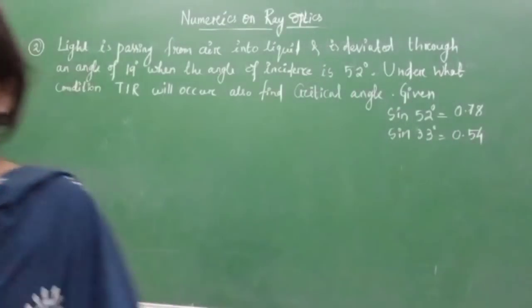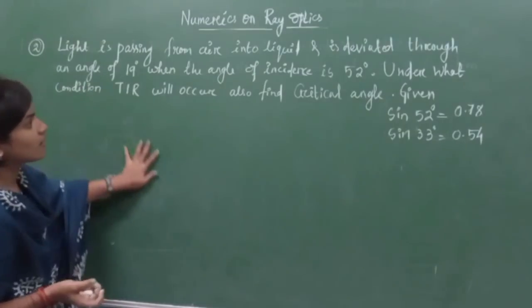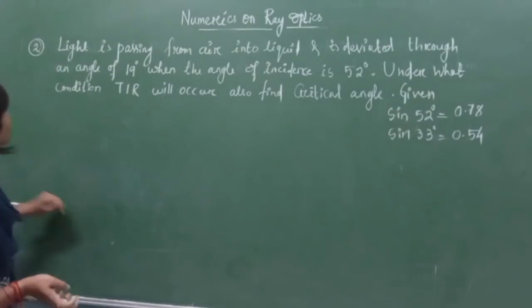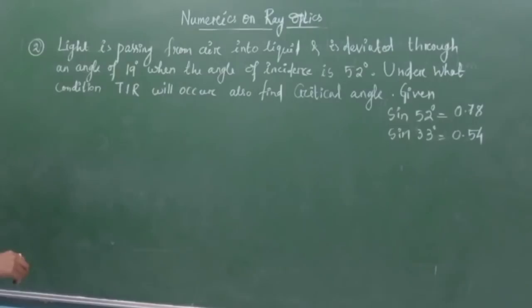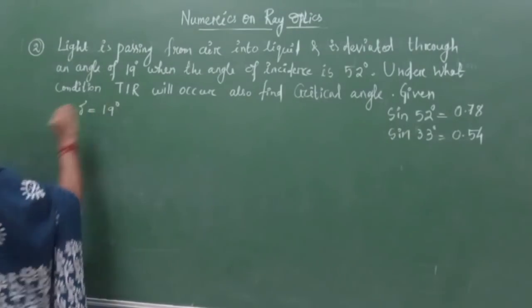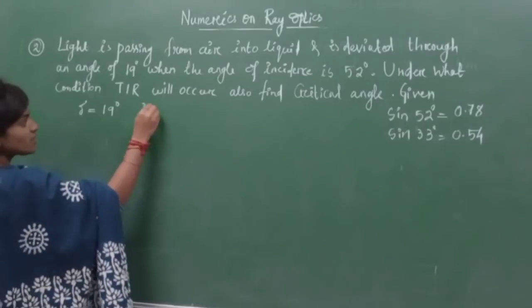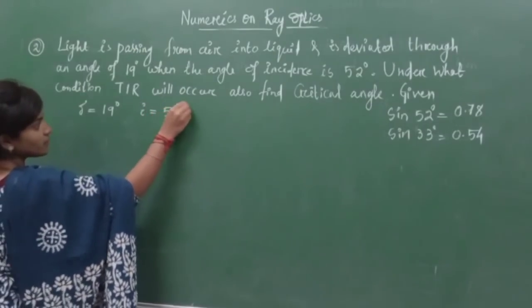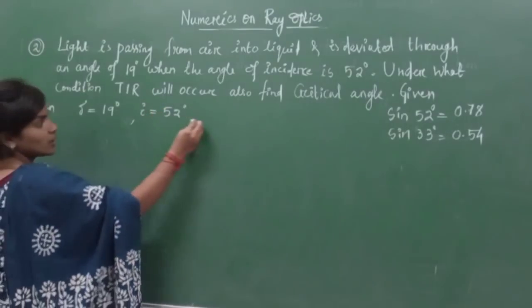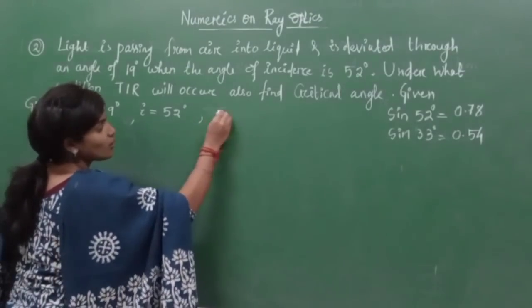First of all, read this question and try to find out what kind of data is given. The deviated angle is 19 degrees, and the angle of incidence is 52 degrees. You have to find the critical angle, which can be written as C or IC.